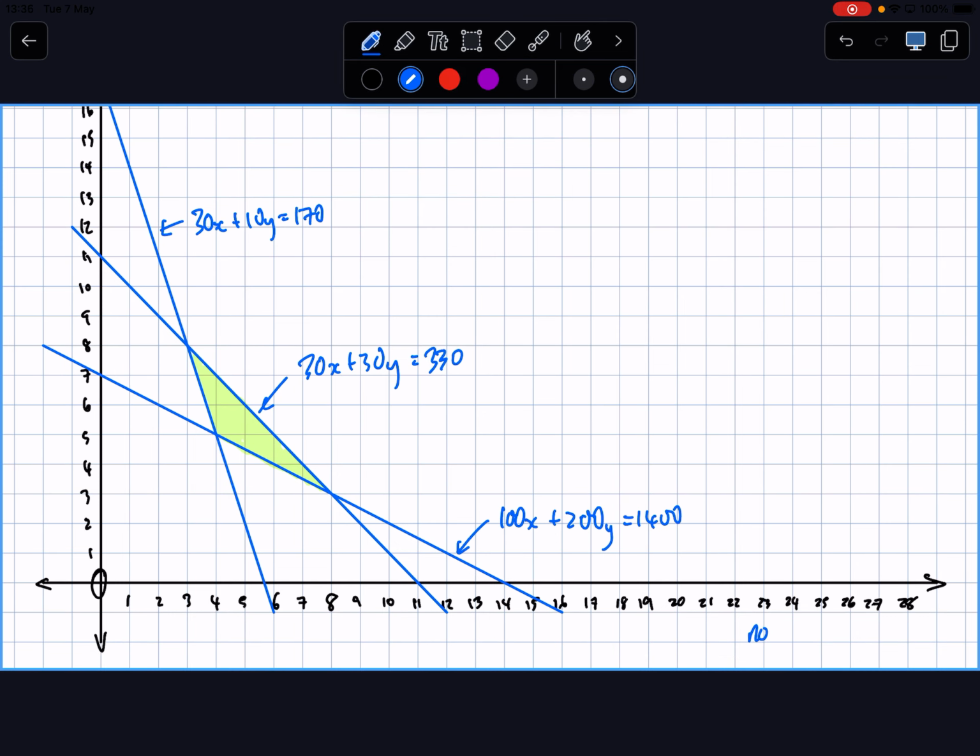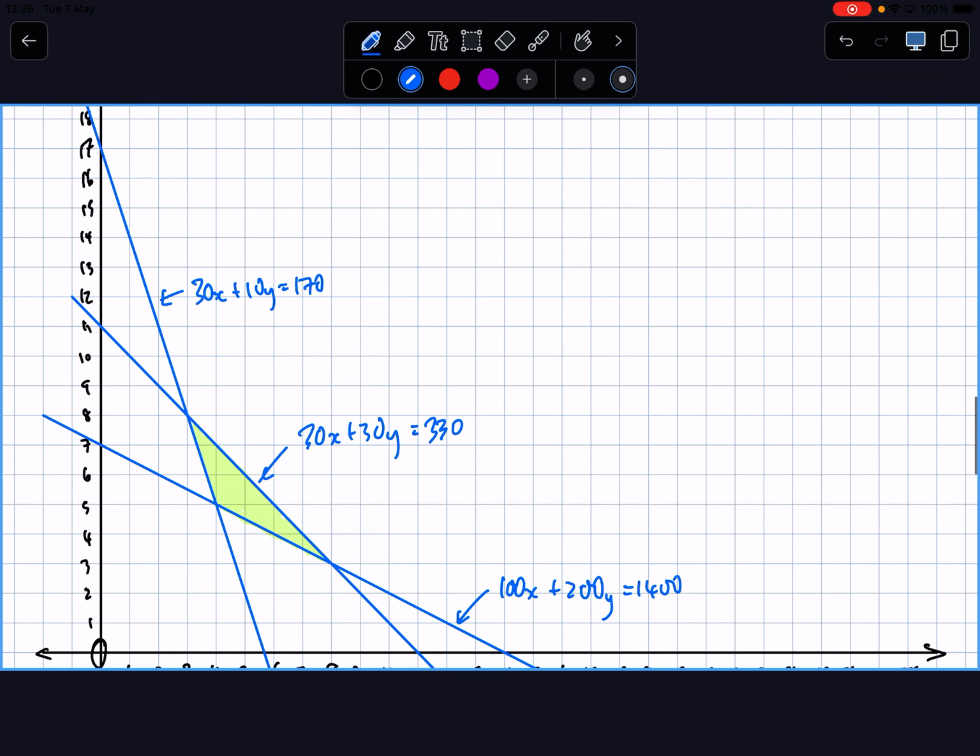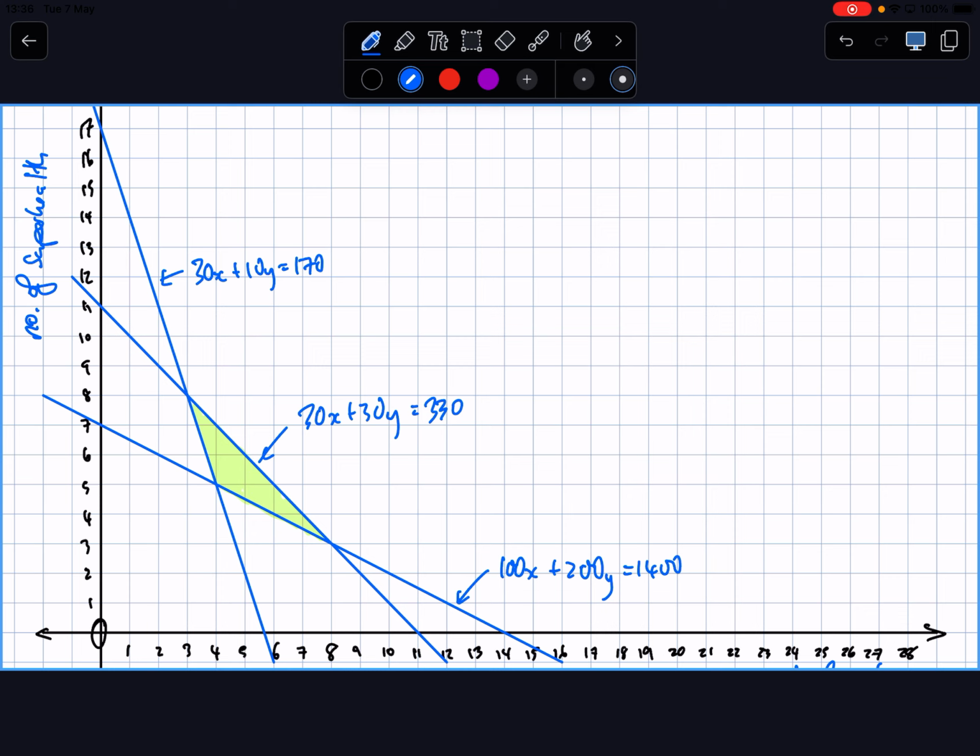Number of power boost, and the y was number of super health. There's something else missing. Yep, I haven't identified the corners yet. See, this is no different yet. We're doing the exact same thing as before.